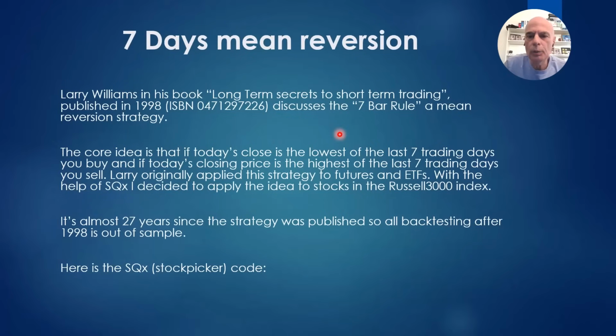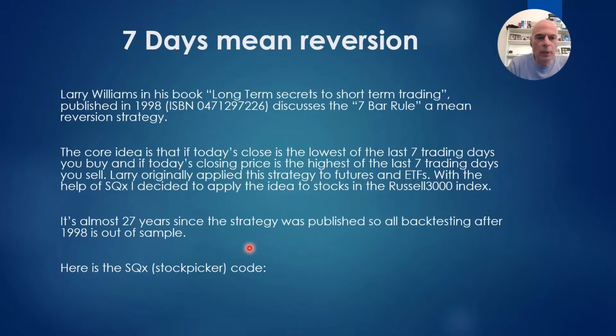Again, I decided to utilize the power of the SQX and test it on the Russell 3000 universe. It's also worth noting that the strategy is 27 years out in the open, so all our backtesting data is out of sample.